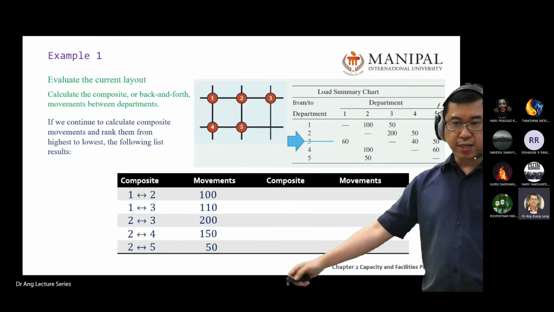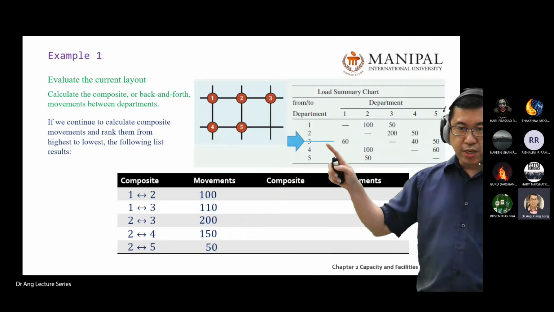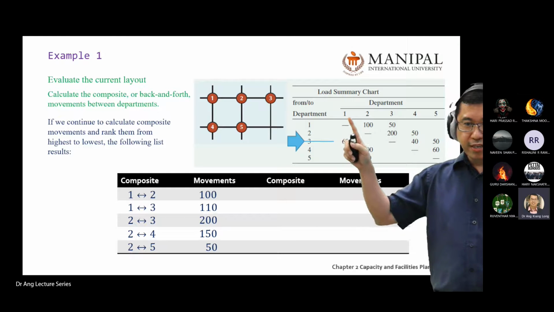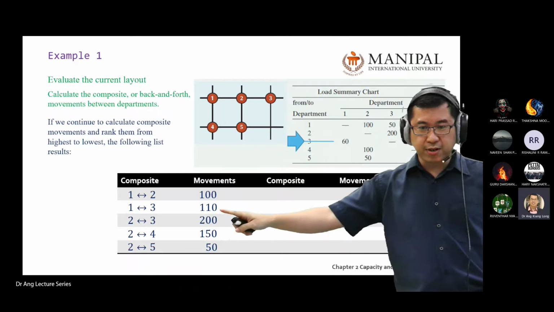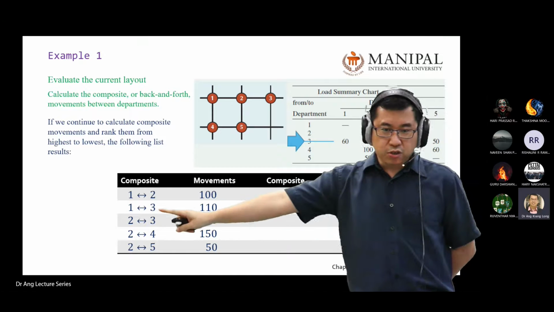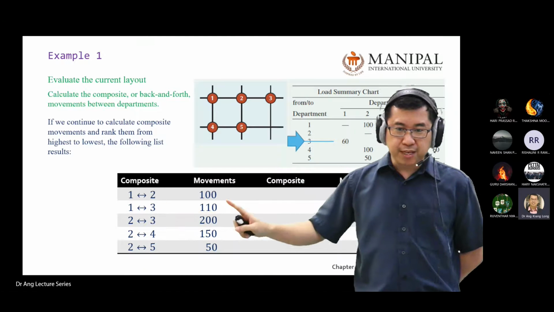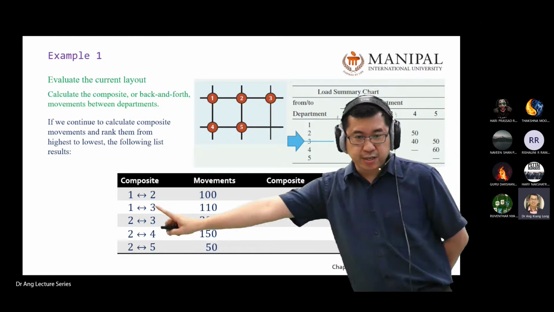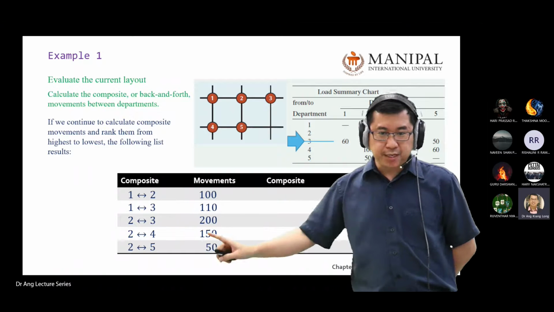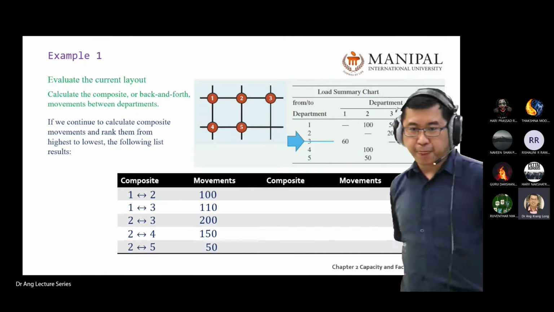This one is repeated: 3, 1, and from 1 back to 3, you already calculated. 1, 3, 3, 1, same thing. You don't need to repeat. Always check your answer. Don't need to repeat the same movement.